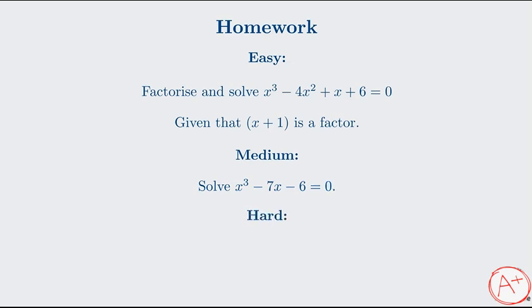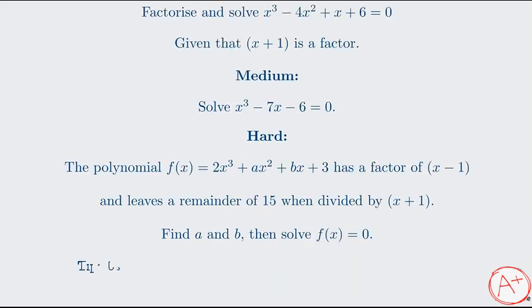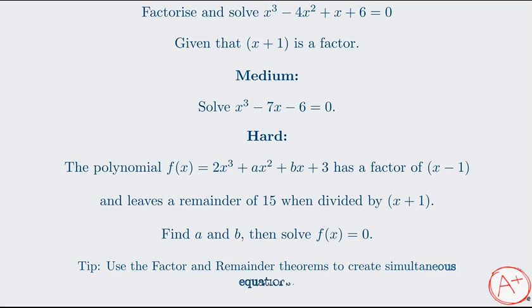For the hard question, the polynomial f of x equals 2x cubed plus ax squared plus bx plus 3 has a factor of x minus 1 and leaves a remainder of 15 when divided by x plus 1. Find a and b, then solve f of x equals 0. Take your time with these. The hard question requires you to set up simultaneous equations using the factor and remainder theorems.